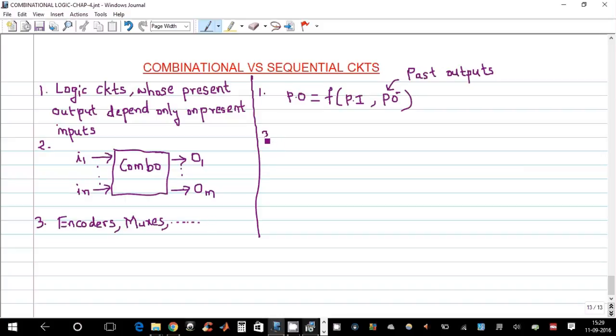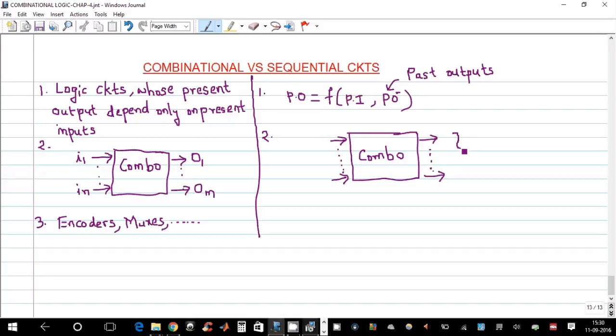Now to represent the sequential circuit in a general sense, it is basically a combination of the combinational logic circuit as well as a register, which is the storage element. The sequential circuit also has a combinational logic block, which requires some set of inputs and gives some set of outputs.